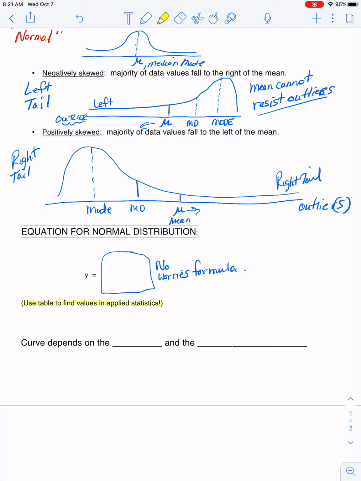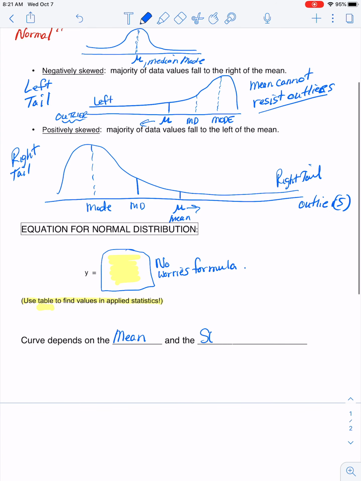This formula in here on your guided notes actually builds the table that we're going to reference when we do our problems. As we keep moving forward, the curves that we see when we use a table are going to be completely dependent on where the mean is located and the mean's friend, which is standard deviation.